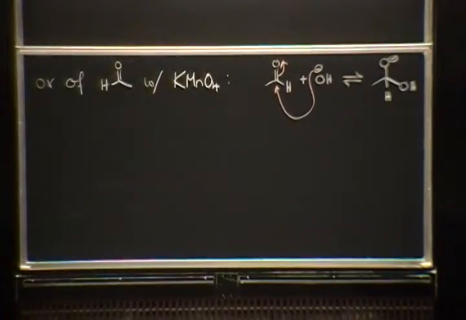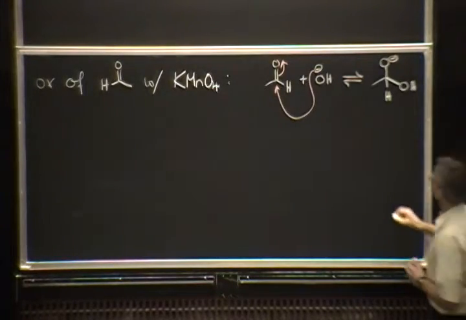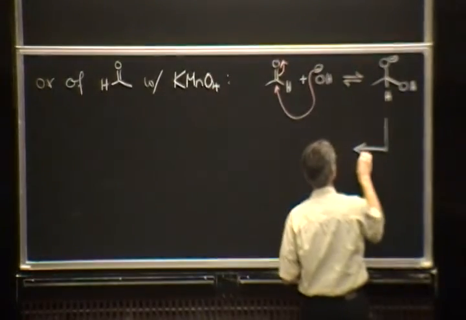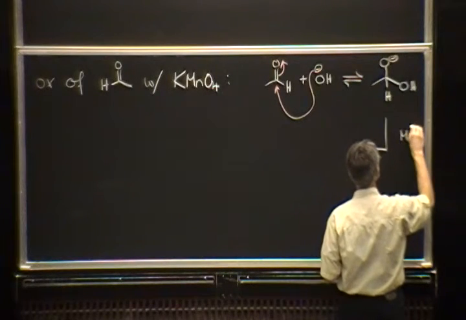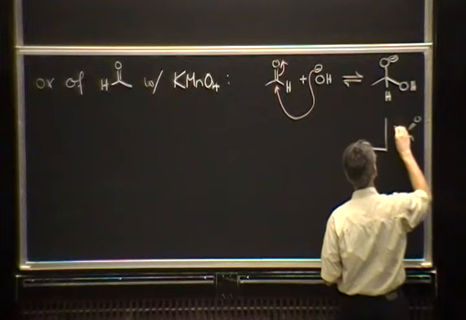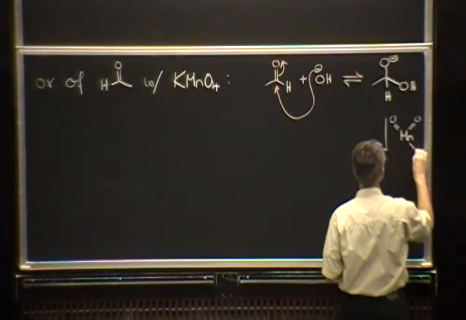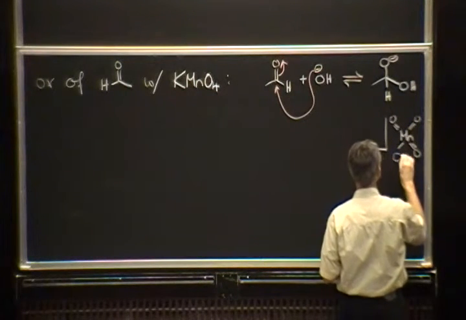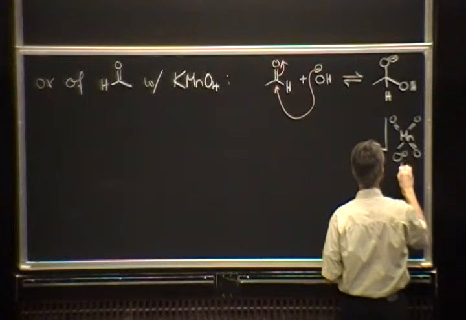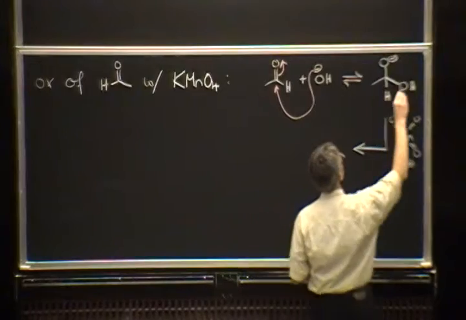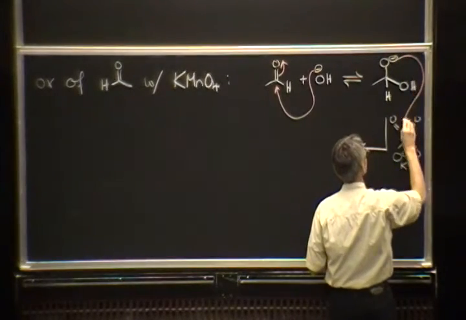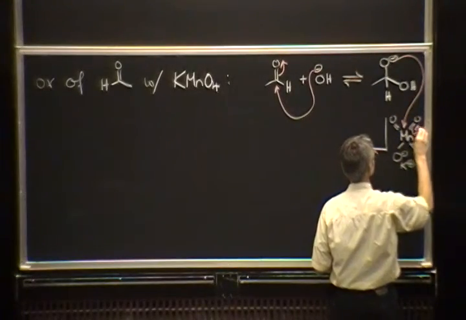And it's a reversible process. But that gives us another alkoxide here that now we can convert to a manganese derivative using fresh reagent. So using more of the potassium permanganate, we can now formulate that this negative charge attacks on manganese.